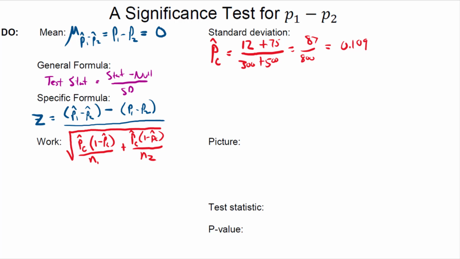So now that we have that value of our combined proportion, let's first figure out what our standard deviation is before we start plugging in for the work part.